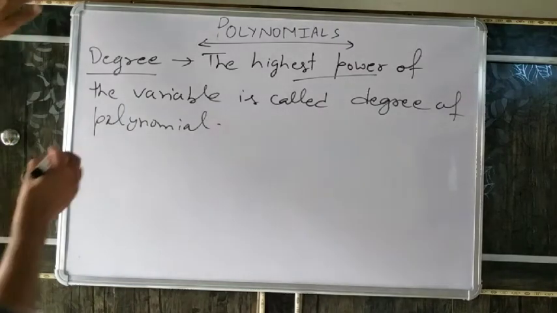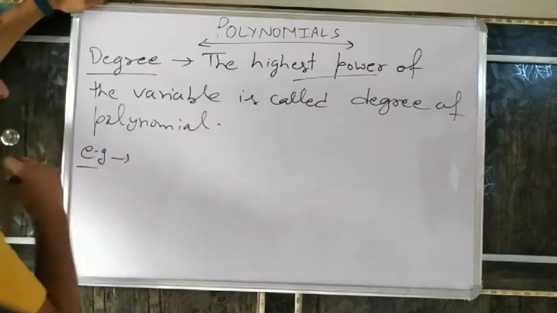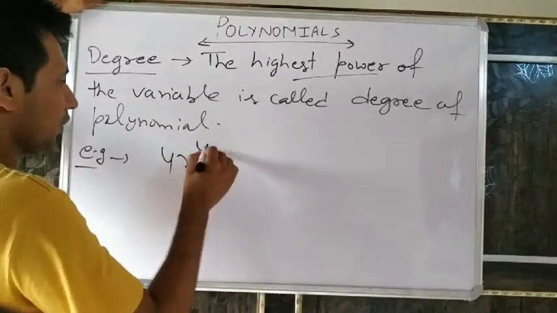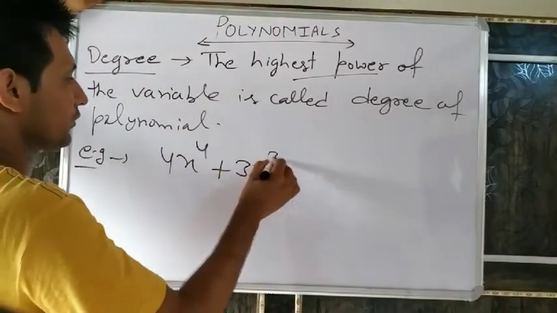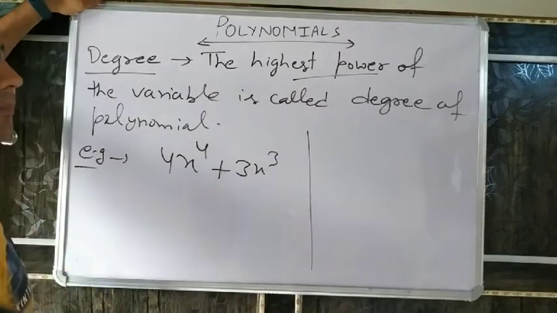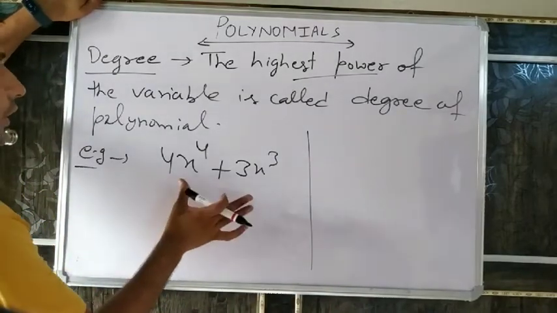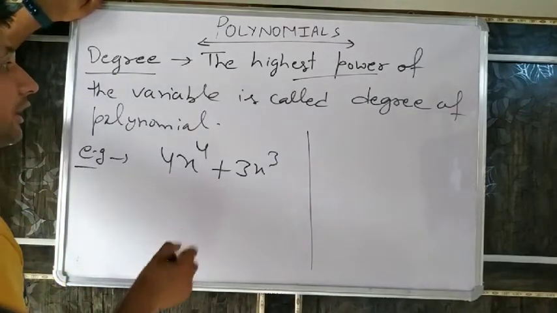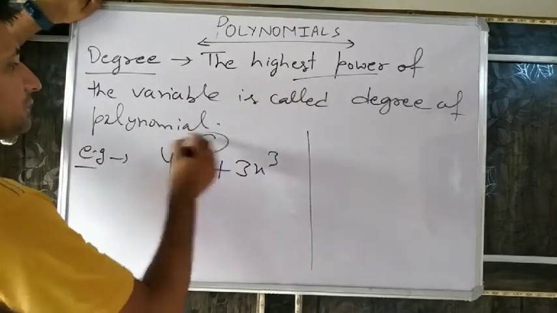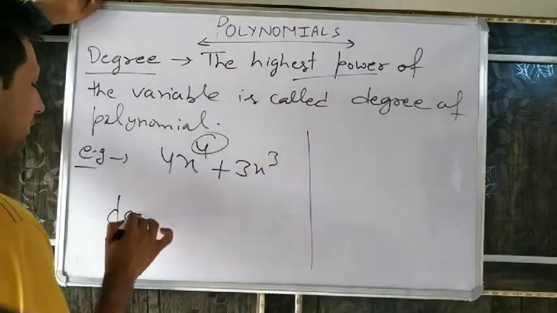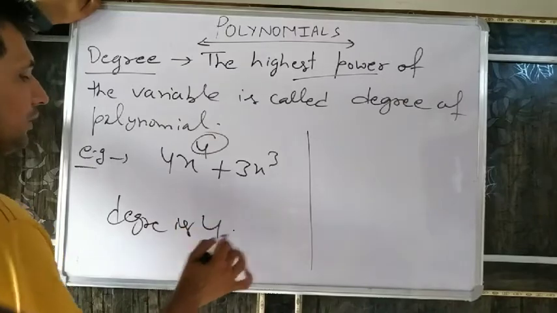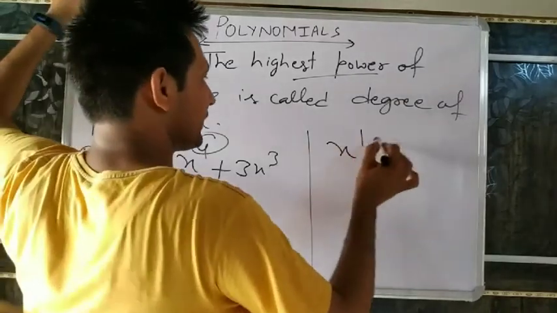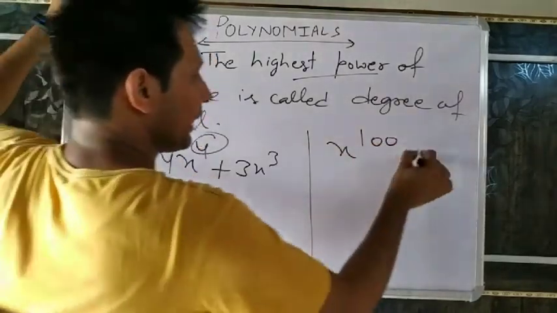Understand? So for example, like this one: 4x^4 plus 3x cube. What is the degree of this polynomial? What is the highest power? 4. So the degree is 4. Like this one, x raised to the power 100 plus 1.